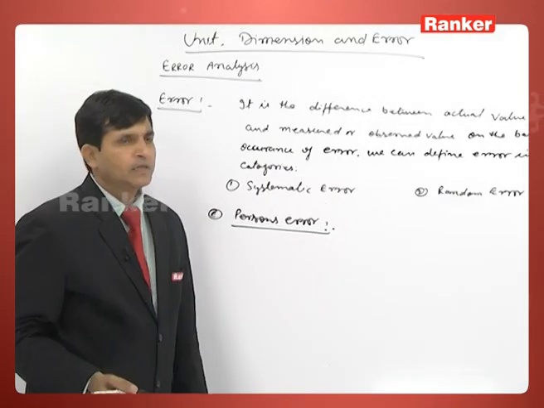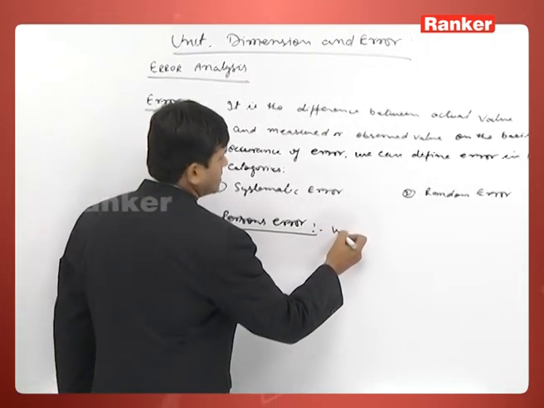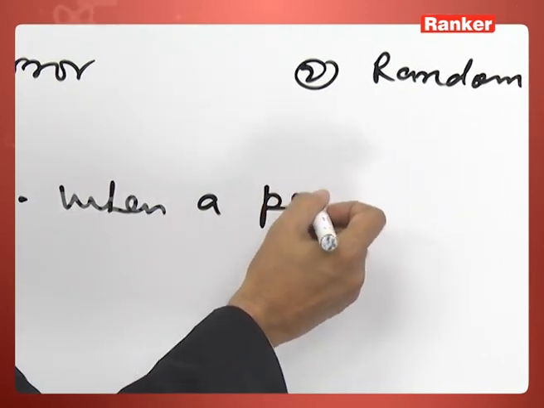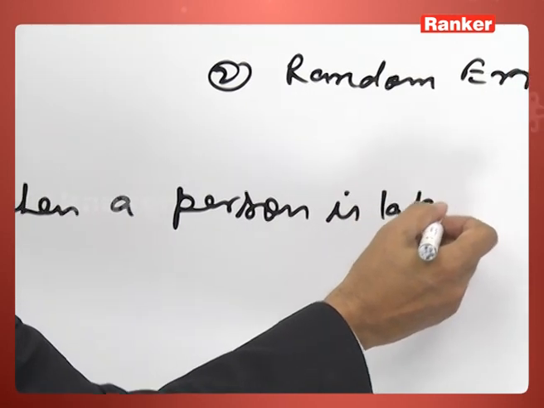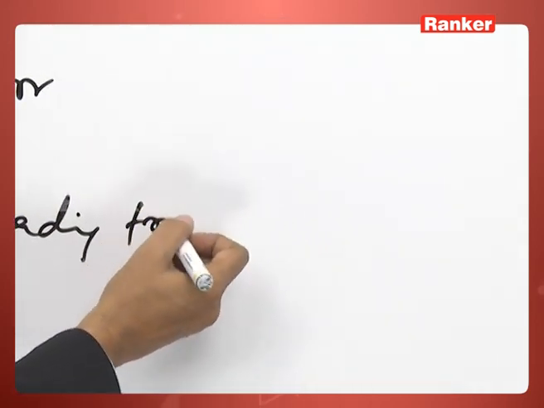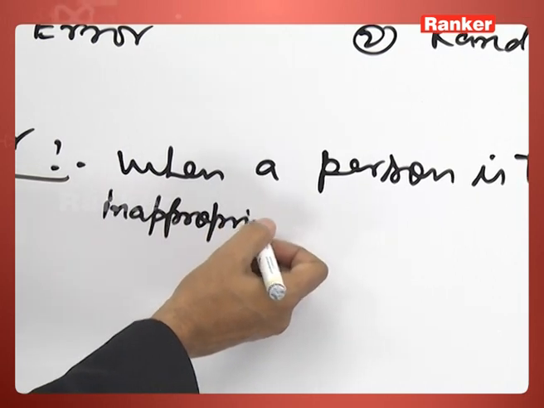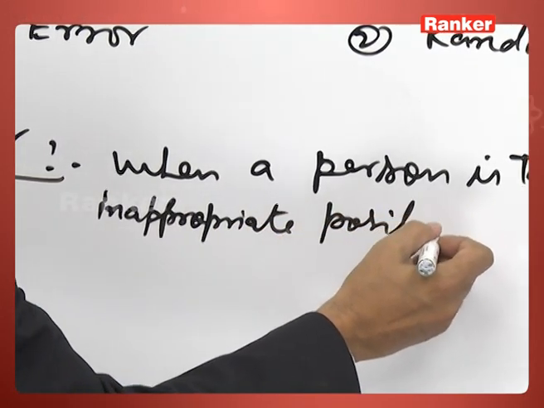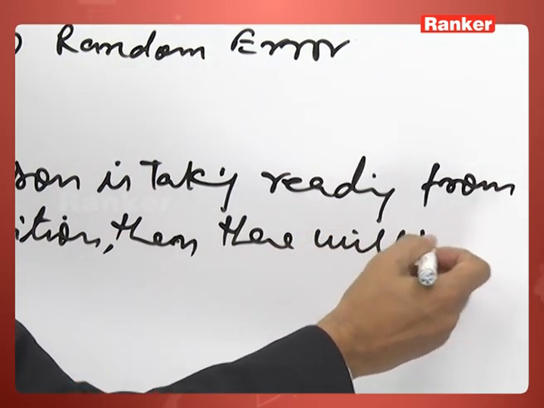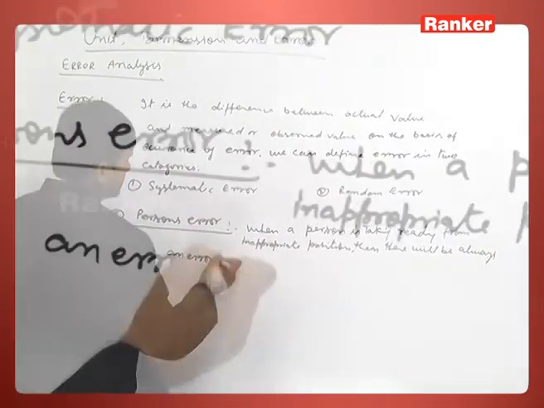Person's error means when a person is taking the reading but not exactly in the correct way, when the experimenter is taking the reading from an inappropriate position, then there will always be an error.